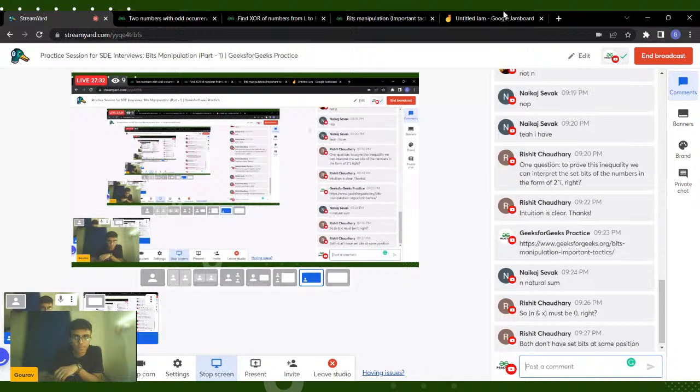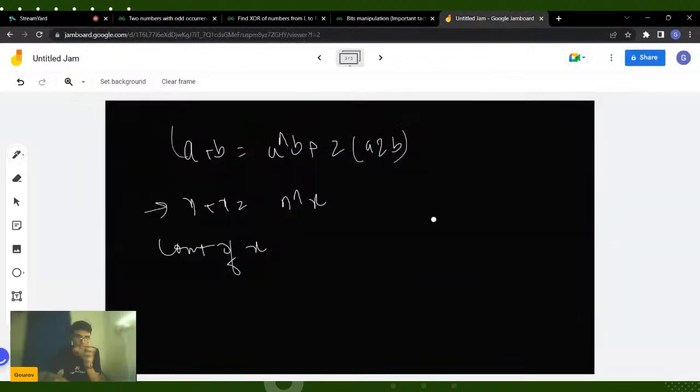Hmm, exactly. So if n and x is equal to 0, it means that in both n and x, you will not find set bits at the same time. So if there is a set bit in n, the bit at that particular position in x should be equal to 0.